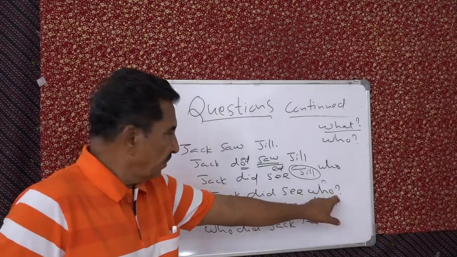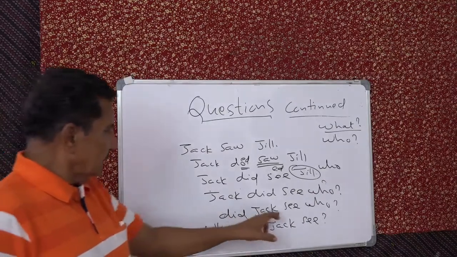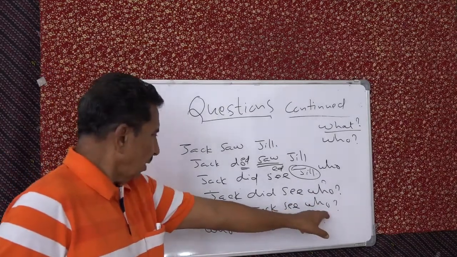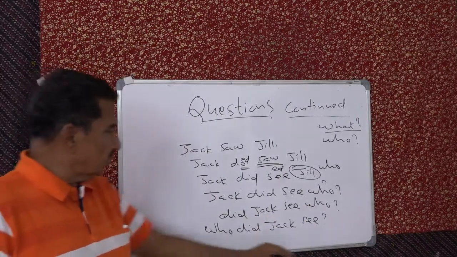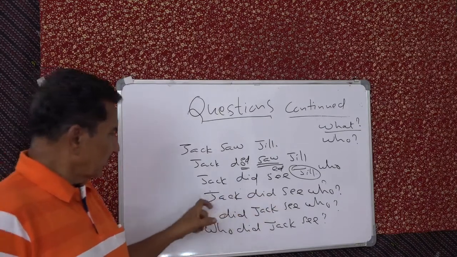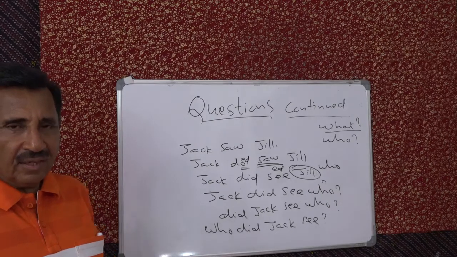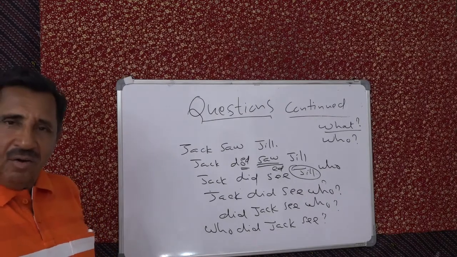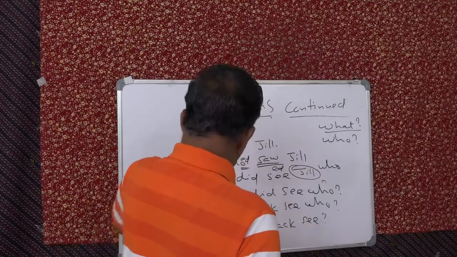What is for things. So here, who, and did Jack see who, and who did Jack see? Because the question word has to be brought here. Here, subject verb change. Jack did. So what we have done? Like all questions, any question you can form like this.